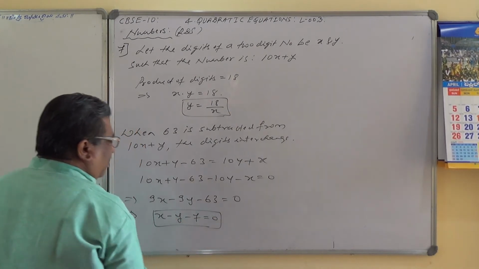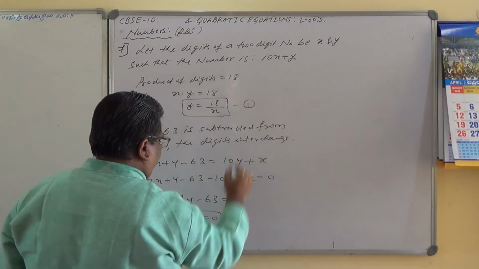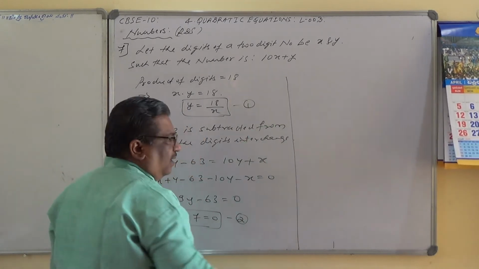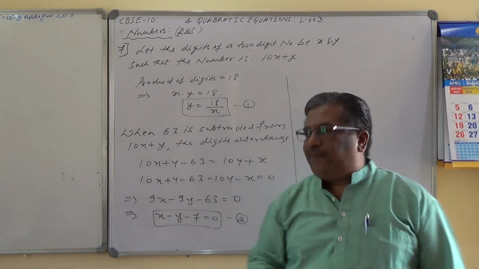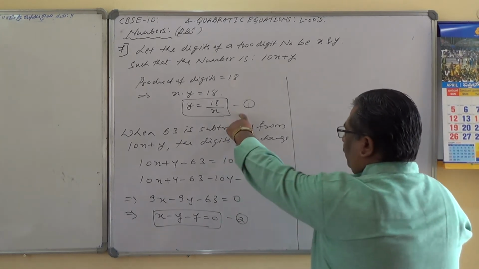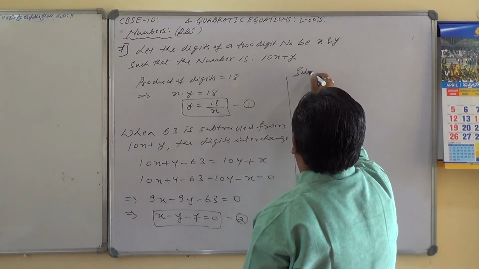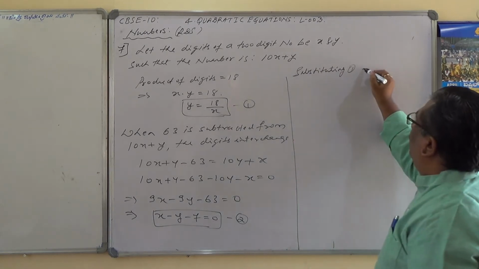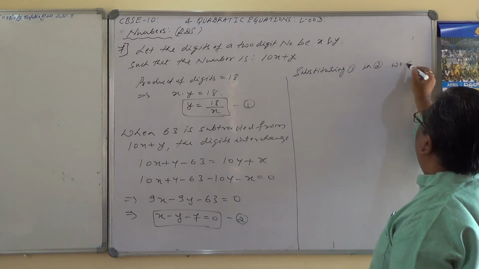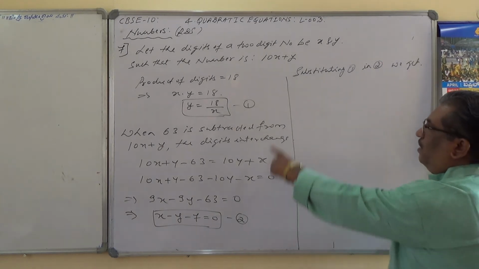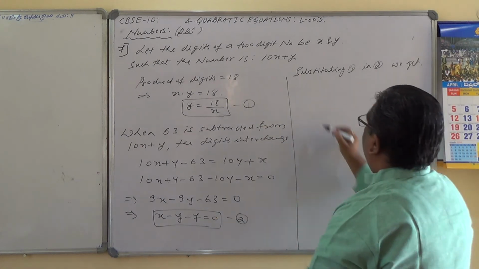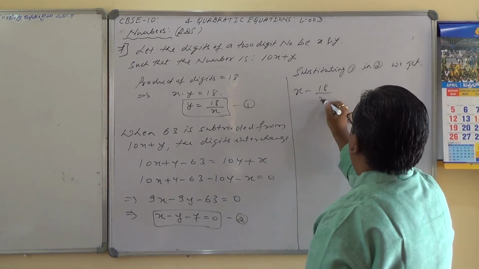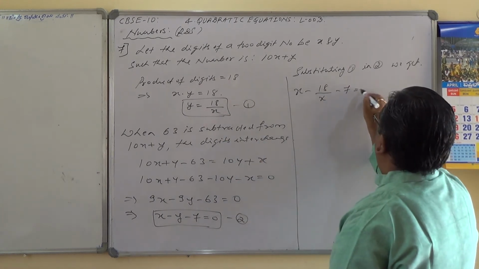See, dear students, we have got one equation over here. Mark this as 1 and mark this as 2. Now it is a quadratic equation, isn't it? Let me substitute the value of y here. Substituting 1 in 2, x minus y value, 18 by x, minus 7 equals 0.